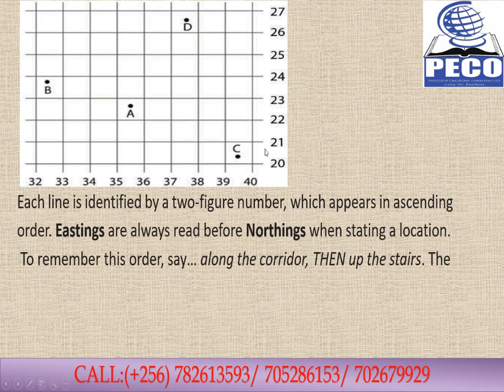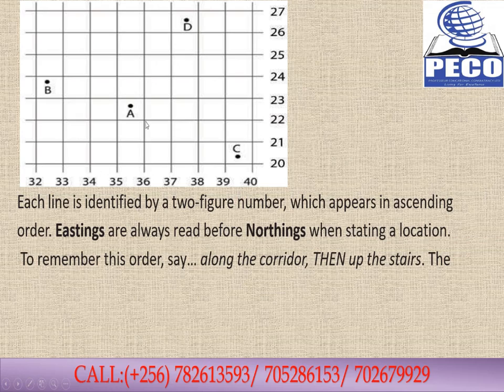In order for us to remember that formula, that we first read eastings and then northings, you memorize this: along the corridor, and then up the stairs. So you're moving east, or reading the easting first, and then up the stairs you're reading the northings after.